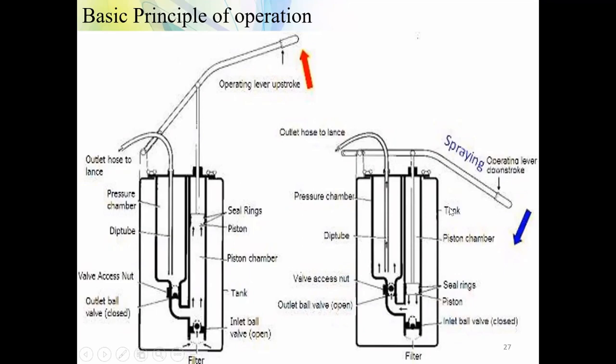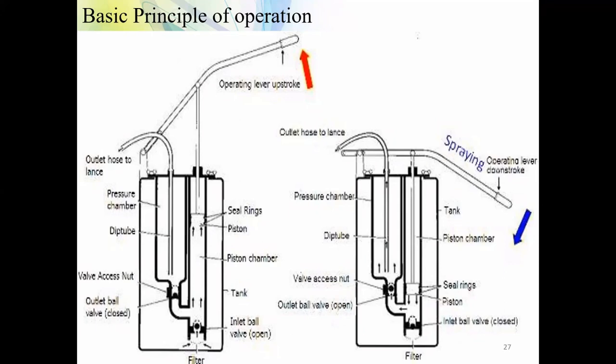And in the downward stroke, while pulling the lever or handle downward, the volume of the piston chamber is reduced and the pressure is increasing, so the inlet valves are closed and the outlet valves are opened by the pressurized liquid, because the liquid in the piston chamber will be at high pressure.